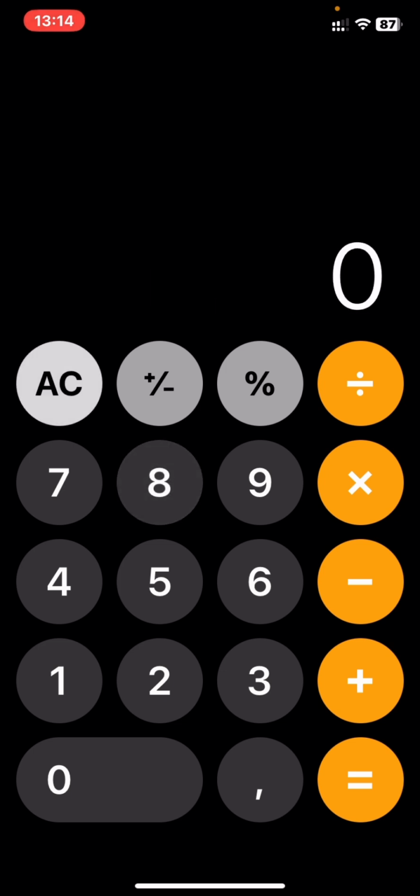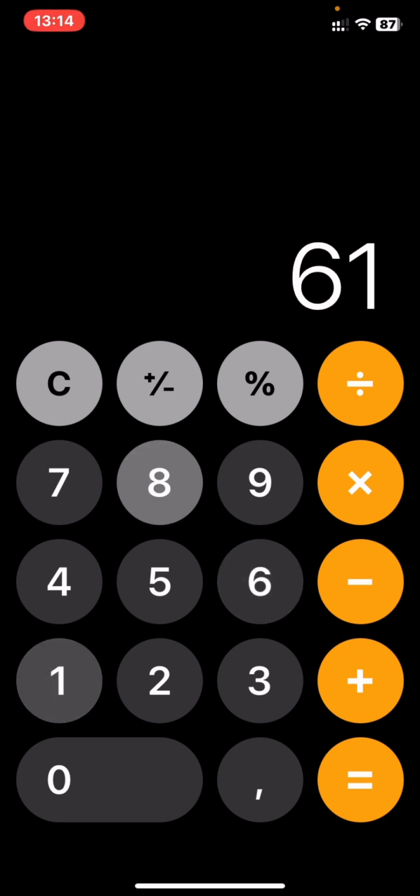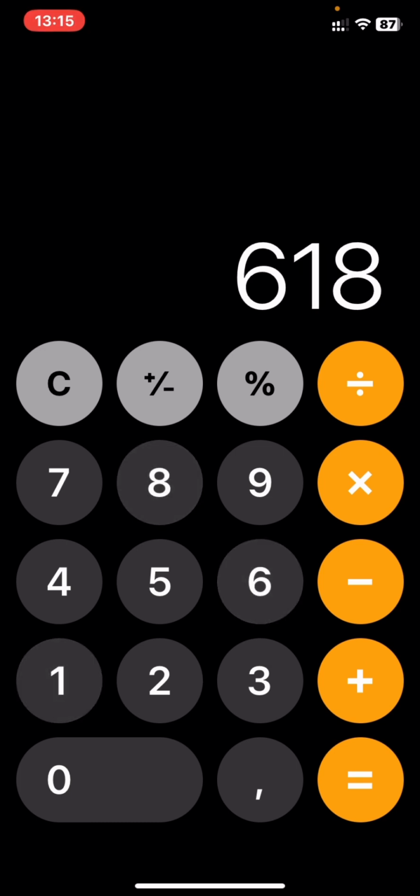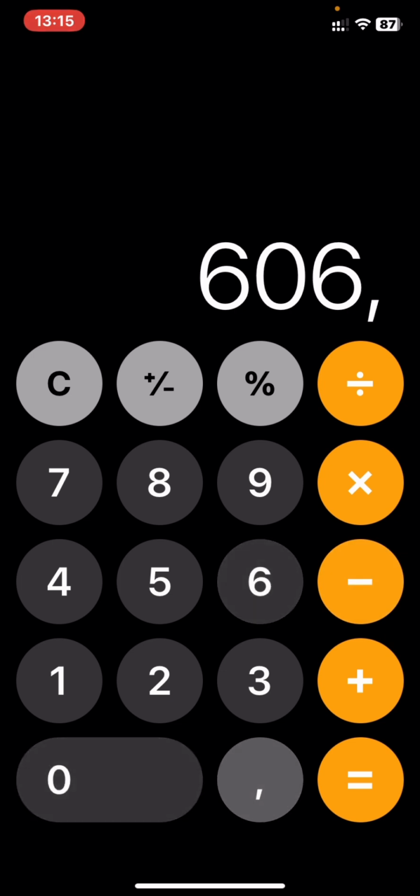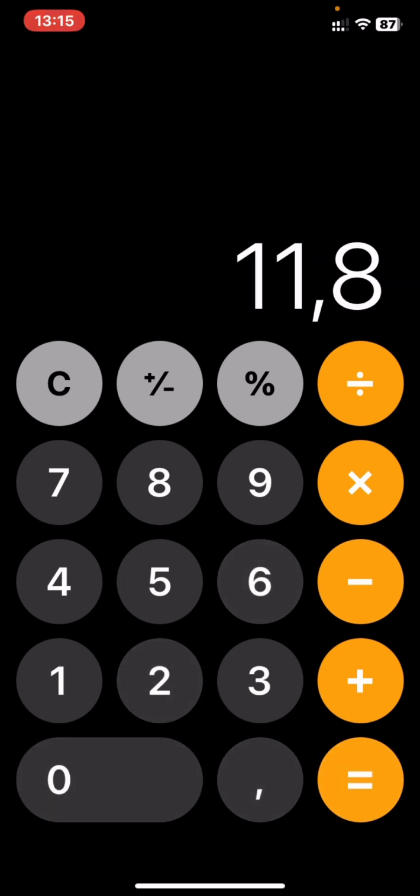Then I change it to 618, minus the transaction fee, so I remove the cents. As of now, minus the initial investment of 607, I'm left with $11.80.